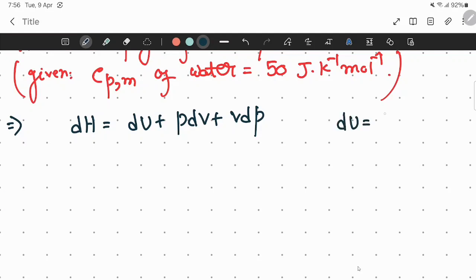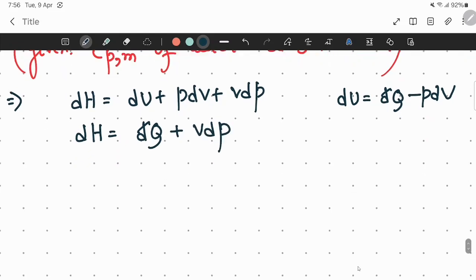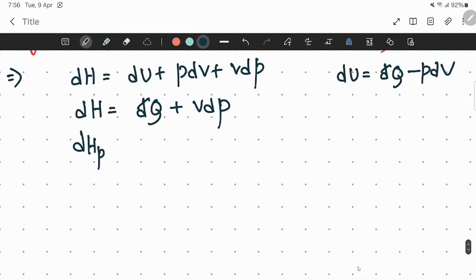And dU is essentially d cross q minus pdV. If you put that, then you obtain dH equals d cross q plus Vdp. At constant pressure, it is just d cross q, correct?